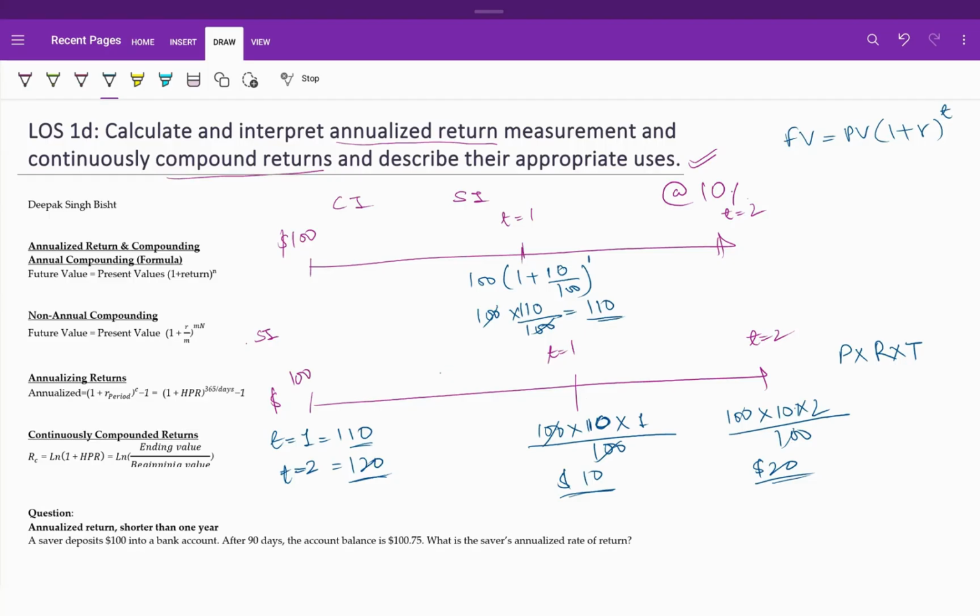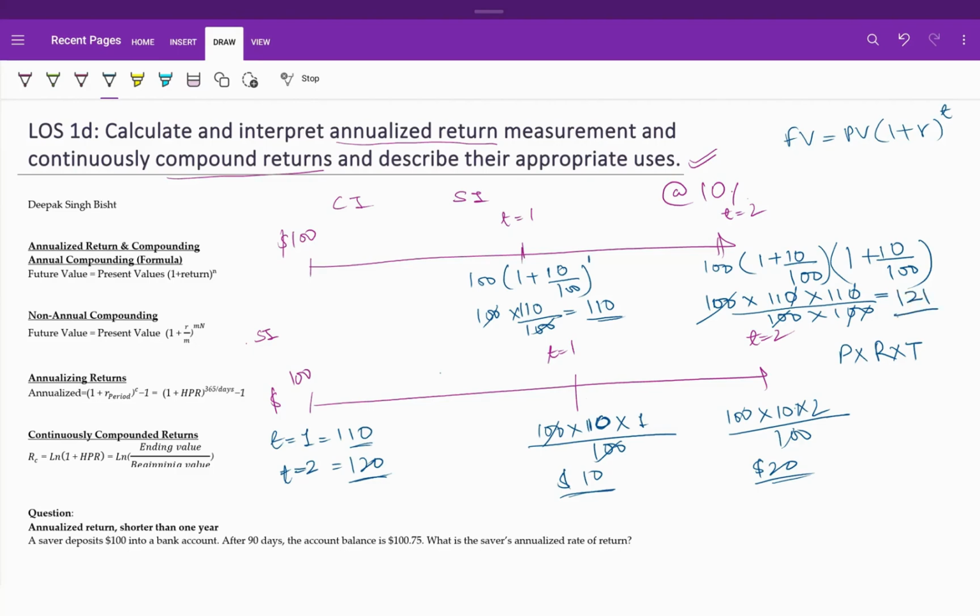But for year 2, it's 100 times 1 plus 10 divided by 100, squared. This means I'm going to multiply again, the same calculation. This gives me 100 into 110 into 110 divided by 100 into 100, which is 121.